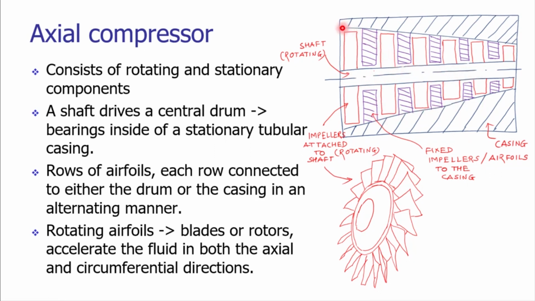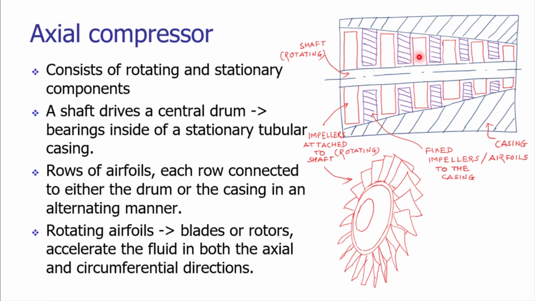But as you can see, the volume of the cavity is getting reduced from left to right. So there is a gradual reduction in the volume available for the passage of the fluid along the axial direction. Due to that gradual reduction, there is an increase in the pressure of the fluid, the gas or the air. As the shaft is rotating, the impellers are pushing the air which has entered inside the cavity.